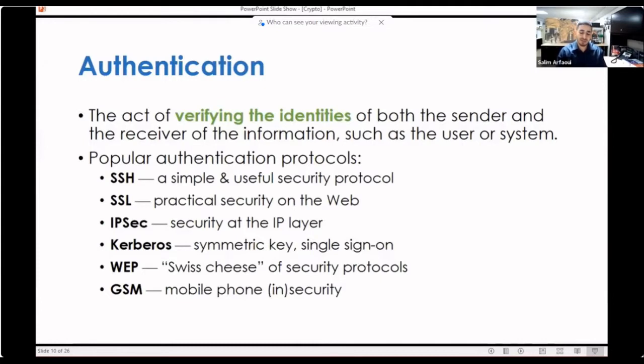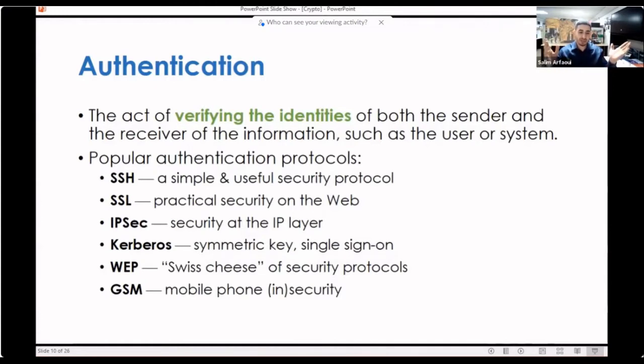The OSI model is a layering approach for communication. There are seven layers: the application layer, the presentation layer, session layer, transport layer, network layer, and then the data link layer, and the physical layer. You could implement authentication protocols in different layers.